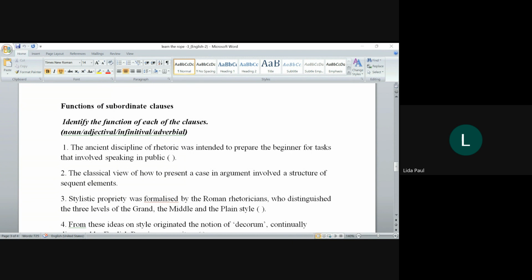Correct? Yes, ma'am. Now, there are three things that will give non-finiteness nature to a verb. That includes the infinitive form of the verb, which is to plus the base form of the verb. So to eat, to run, to drink, whatever the verb is. To plus the base form of verb is one form of infinitive. So it has no tense. When I say, I want to eat a mango, what is the main verb in the sentence, that is, what is the finite verb in the sentence?